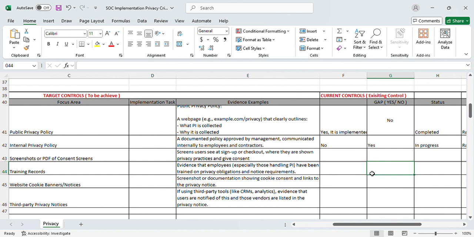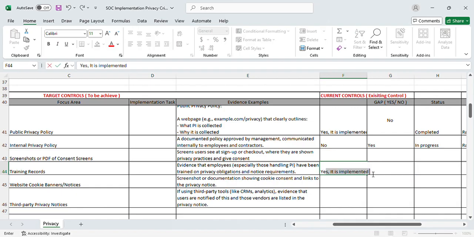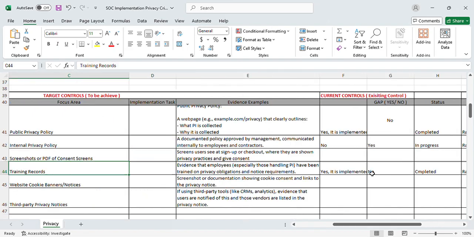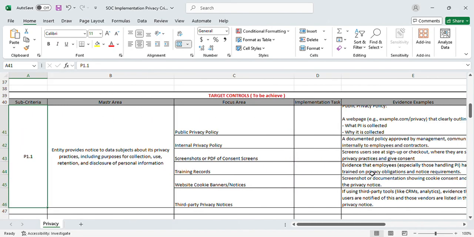If such courses are there in your organization, you can mention yes, it's implemented. Gap is there or no gap is there, status is completed. Who is the owner? Me as the owner, for example. Like this you need to complete all these policies.